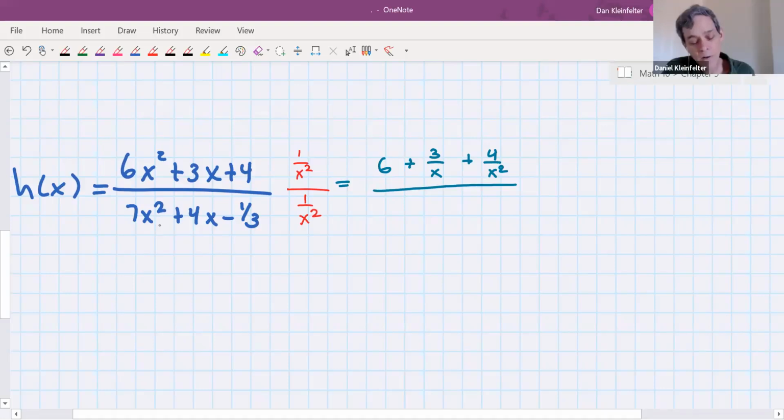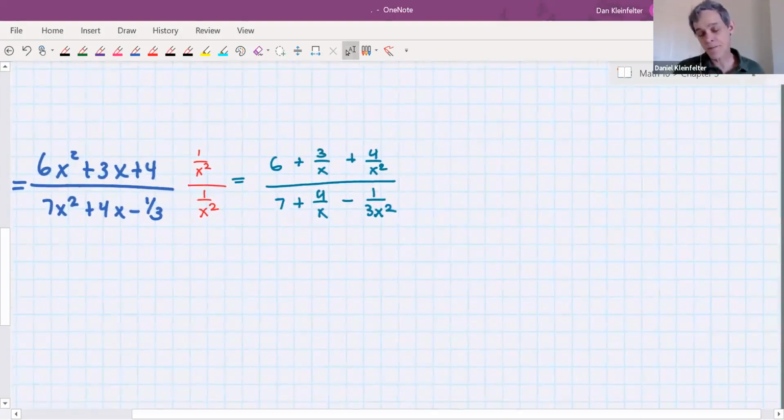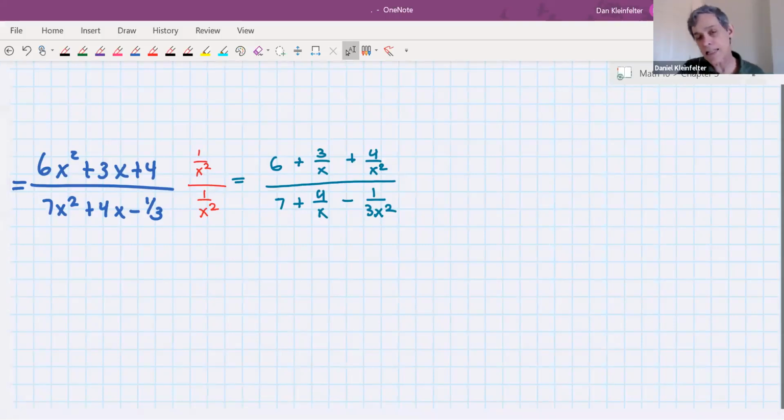Okay, down below we have 7x squared times 1 over x squared. That will be 7. Then 4x times 1 over x squared will be 4 over x. And then lastly, we'll have negative 1 over 3x squared. So then, once again, we need to think about what is happening to our fraction here as x is either increasing or decreasing without bound.